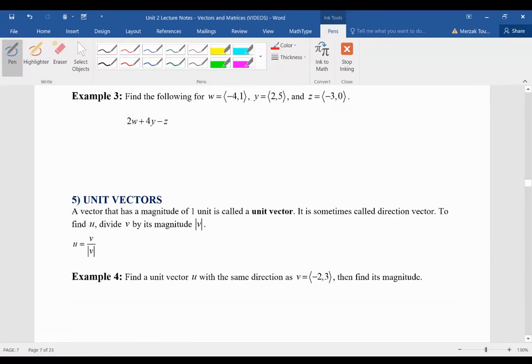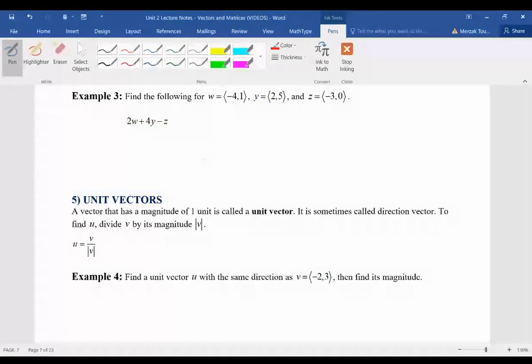This example says find the following for w equals negative 4 comma 1, y equals 2 comma 5, and z equals negative 3 comma 0. The question says evaluate 2 times w plus 4 times y minus z. 2 is a scalar. So we have 2 multiplied by the x and y components of vector w, and then you have 4 multiplied by the x and y components of vector y, and then minus z.